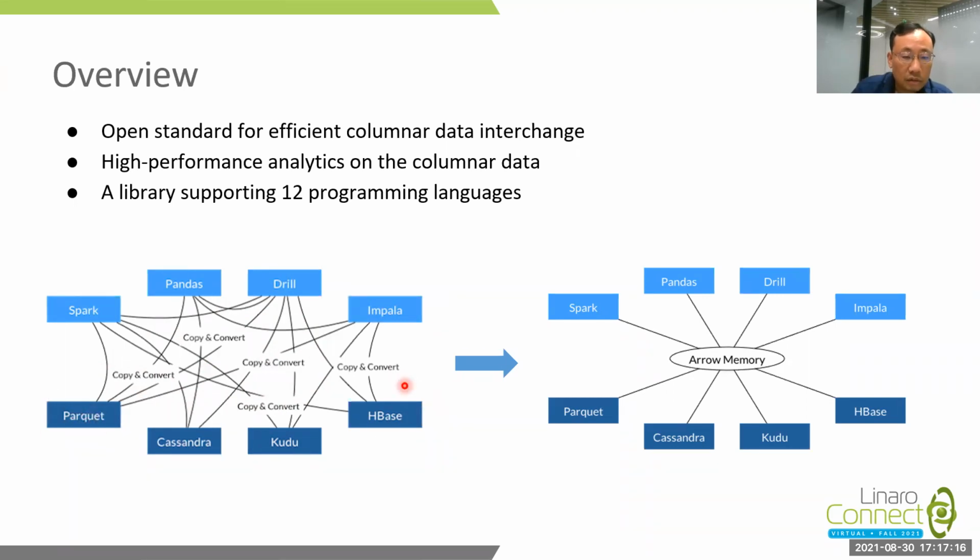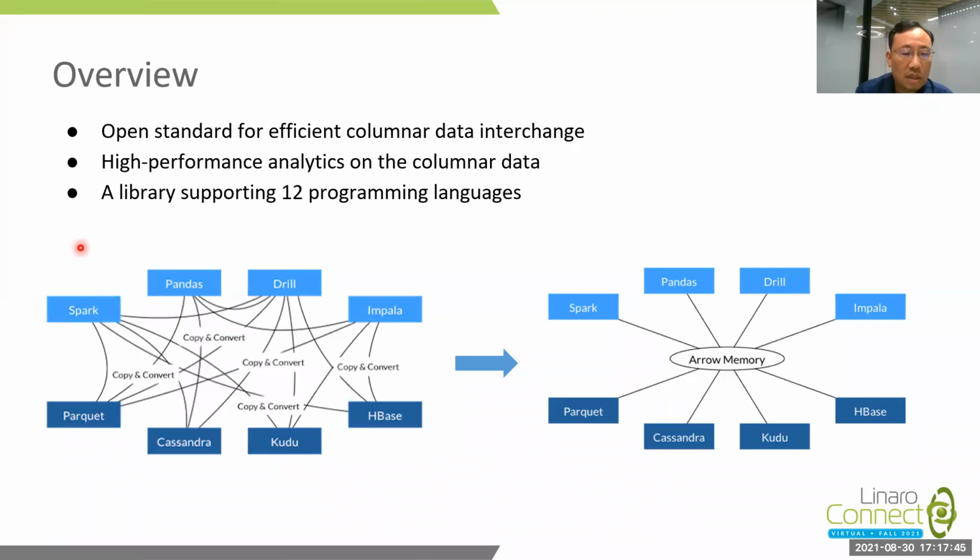These four dark blue boxes are database or on-disk storage projects. They have their own file or storage formats. And then the four light blue boxes above are in-memory computation projects, Spark, Pandas. They also have their own in-memory data representations.